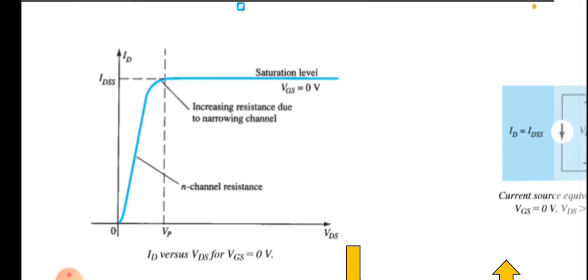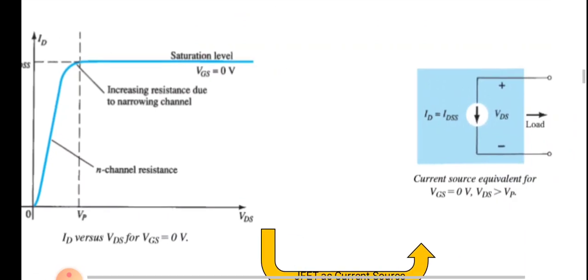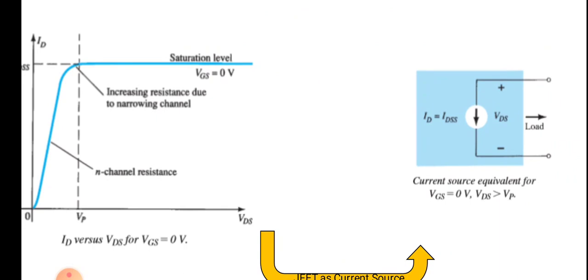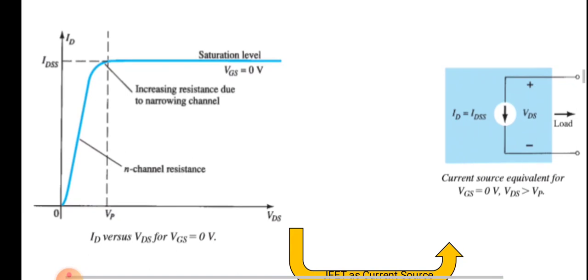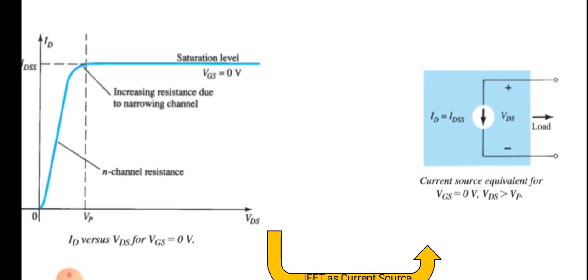So there is a maximum current in a FET, and if VDS is further increased, there won't be any change in the current. So the JFET is treated as a voltage controlled current source, as you can see here.